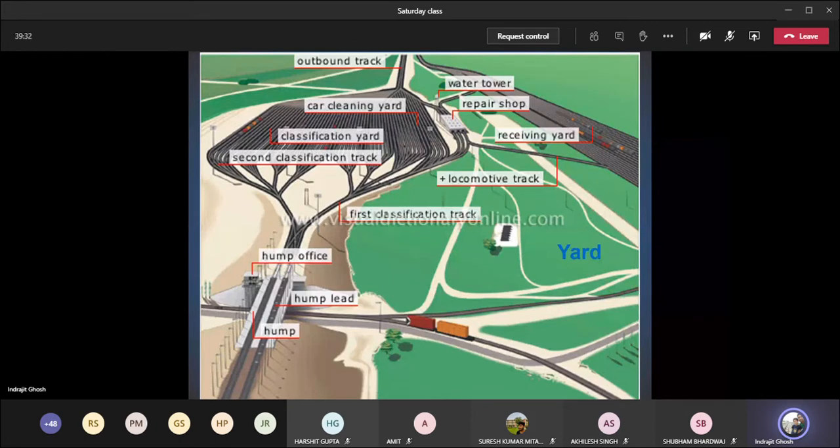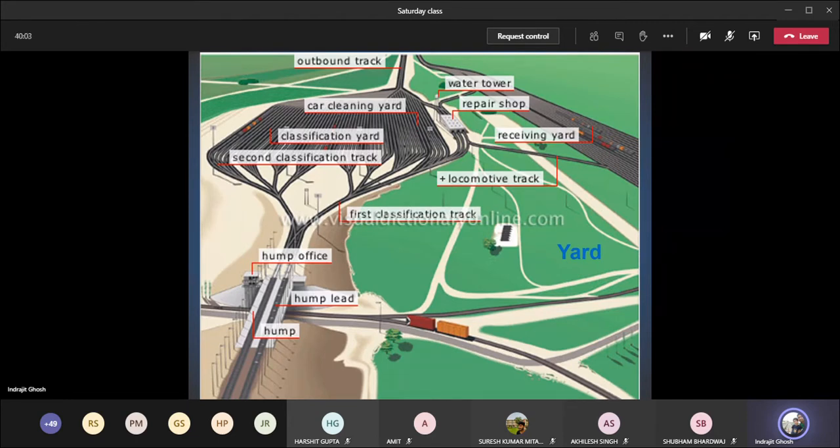So station is a designated place where traffic is booked. People are coming, people are going down. It means that people are booking the train or the traffic. And the authority will be given to the train for what time it is supposed to come and what time it is supposed to leave the station. So that is a railway station.